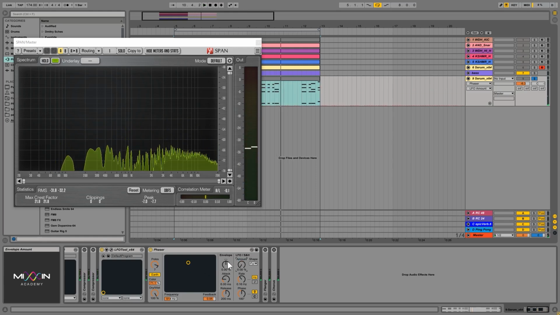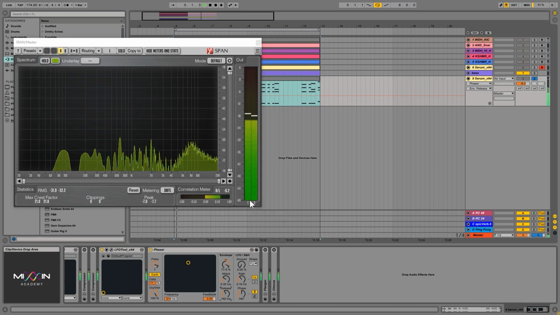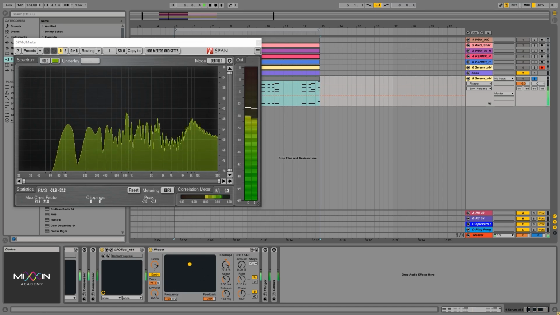And we have the envelope follower, which can react as an envelope to the audio input. Maybe even faster.